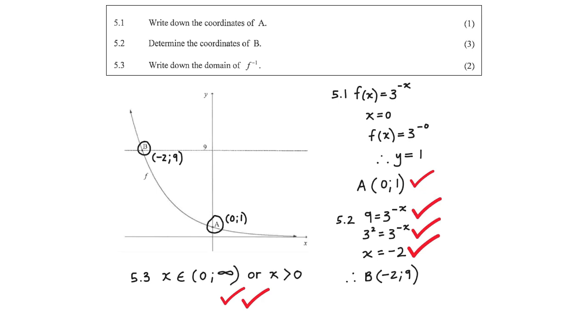And they also gave the answer as y element of 0 to infinity. So remember that all the x variables of f change to y in the inverse, but the domain of the inverse is still the set of x values. So be careful for that one. And then when you write down the domain and you use interval notation, make sure to use the correct brackets.